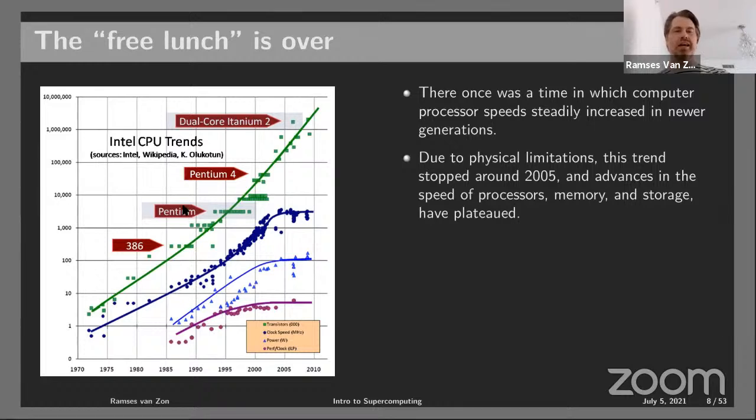In those days, which ended somewhere around 2000, I say 2005, clock speeds would increase. So the clock speed is basically the main frequency at which the computer can execute anything, like add something, multiply something, get something from memory. There's a finite tick at which these CPUs, these processors, tick.